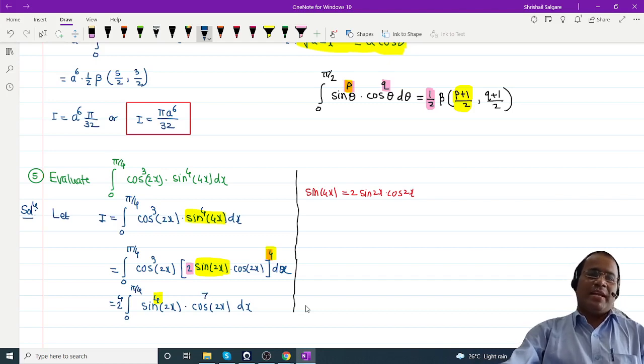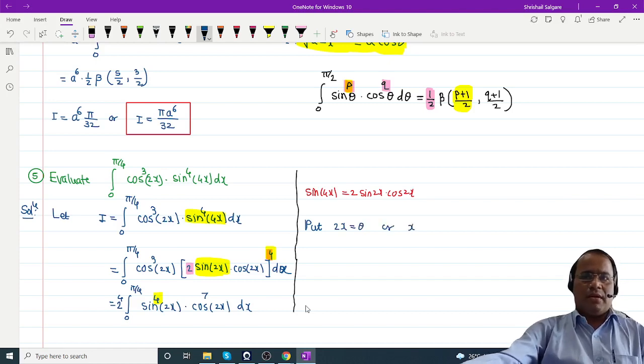Now the next step: our target is to convert the integral limits to 0 to pi by 2, and at the same time the integrand is a multiple of sine and cos. What is the substitution? Here I will write, put 2x equal to theta, or x is equal to theta by 2.